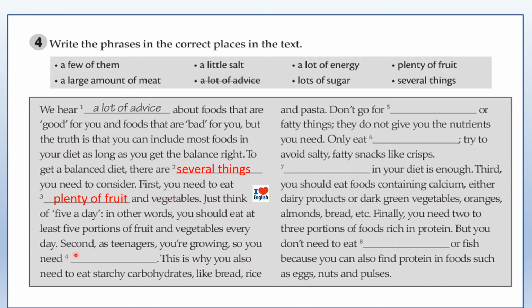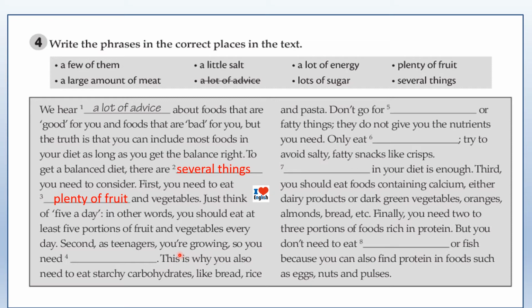What about the second? The second thing we should consider to get a balanced diet. As teenagers, you are all teenagers because your age is between 13 and 19. So we call you teenagers. You are growing. So as long as you are growing, what do you need to grow?